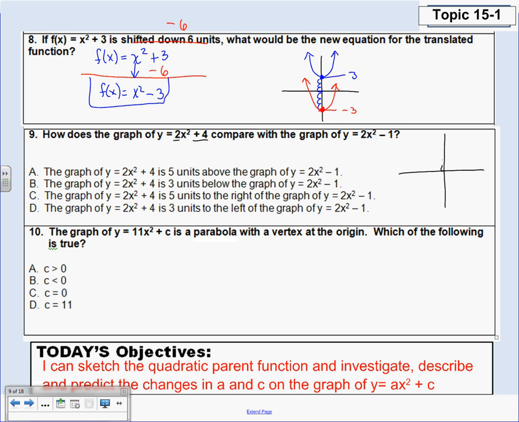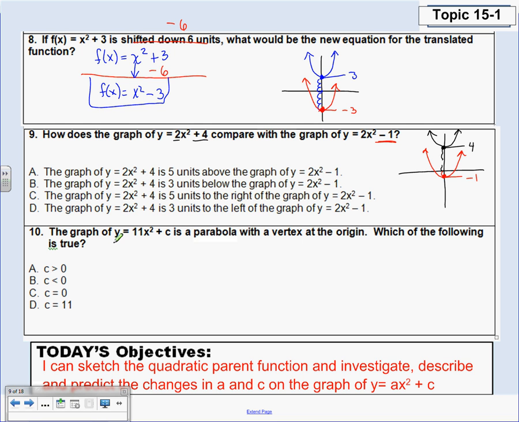So 1, 2, 3, 4. Again, it's a sketch, and I'm going to label that that is 4. My second graph, again 2x squared, that's the same, but now it's at -1. So going down, here's 1, and then I sketch my graph and label that it's -1. Now let's look at the information.